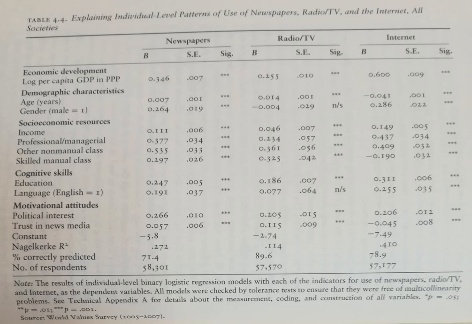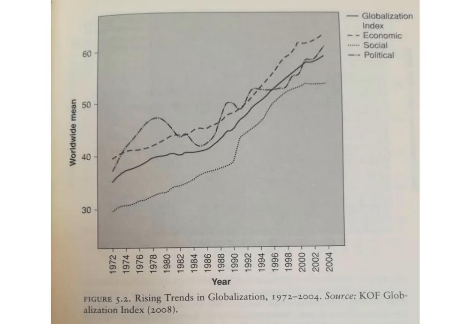In terms of motivational attitudes, the more interest in politics you have, the more you'll use newspapers, but similar levels for radio and TV. And the more you'll trust in news media, the more radio and TV you'll use. With internet users having the fewest trust in news media, it's a negative correlation. That's about the explanation of use of newspaper, radio, TV and internet.